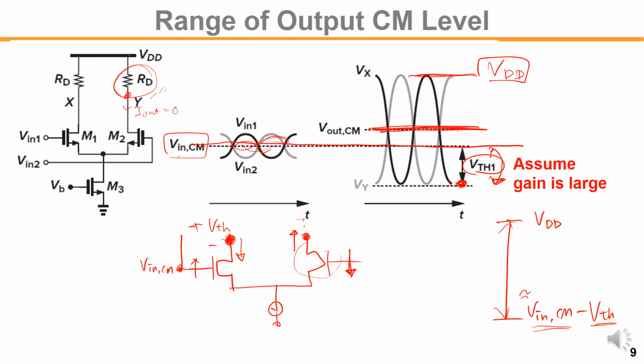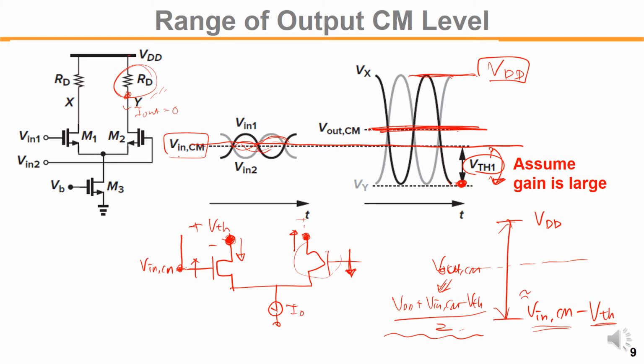So once we know that, we want to bias the output common mode in the middle of this range. That would be what? VDD plus V in CM minus VTH over 2. So we design the output common mode at that level by adjusting what?